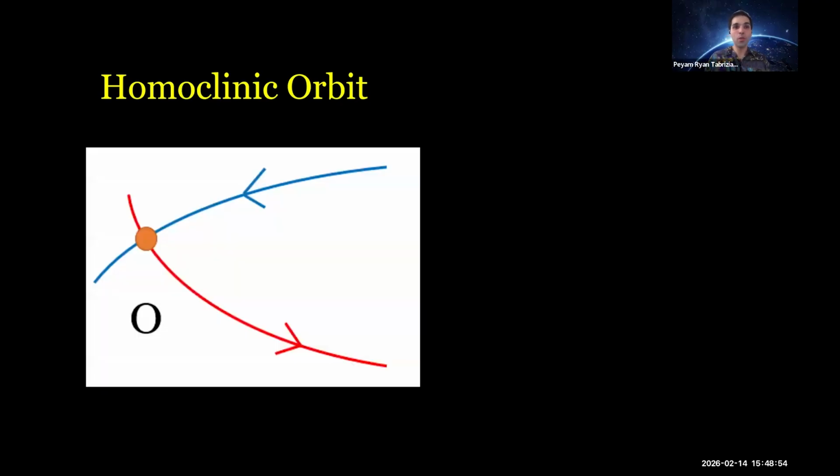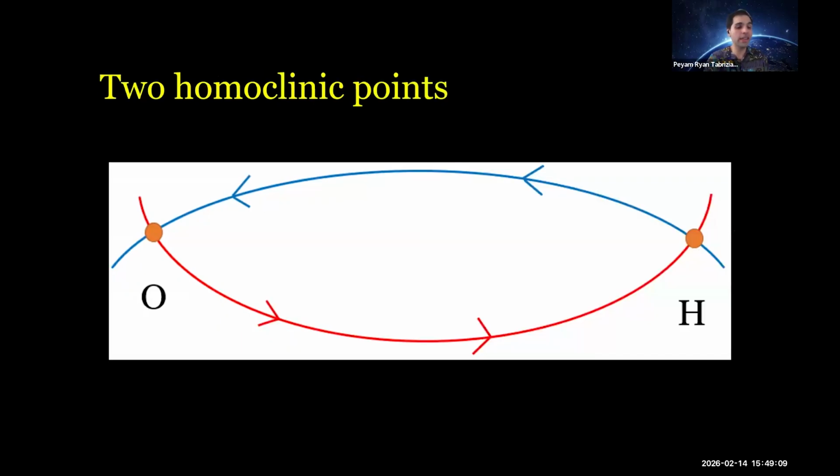And then similarly, I talk about a project I did during undergrad about a homoclinic orbit, which is just a self-intersection of an attracting and a repulsive curve. And the question I studied is, what if you have two homoclinic points? Then we get chaos.